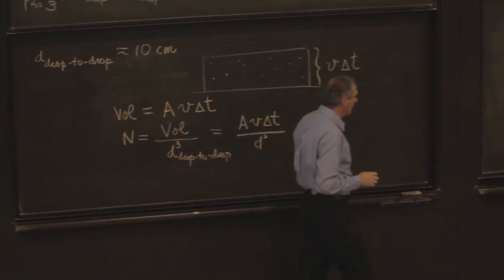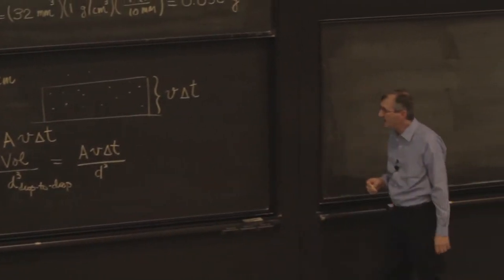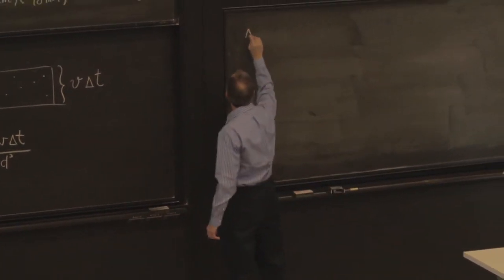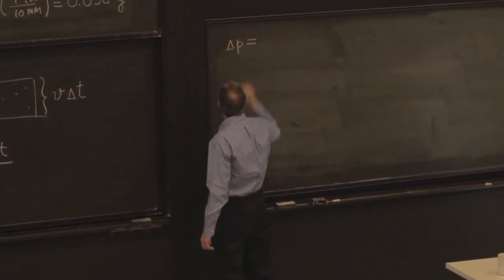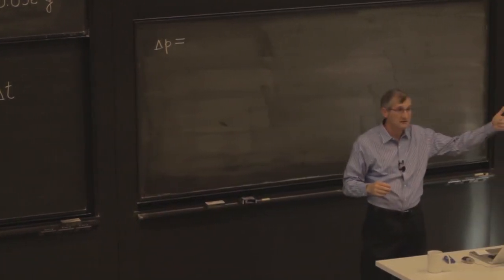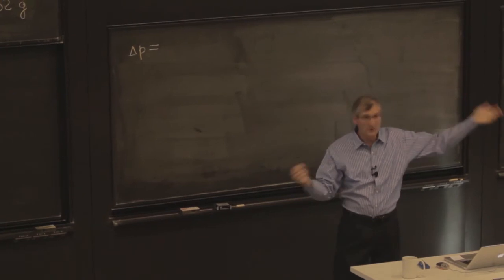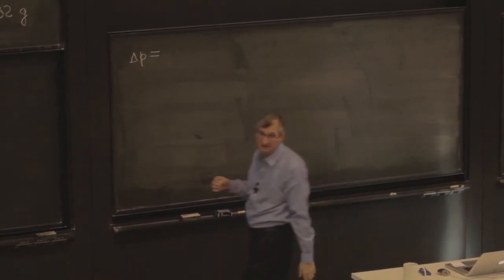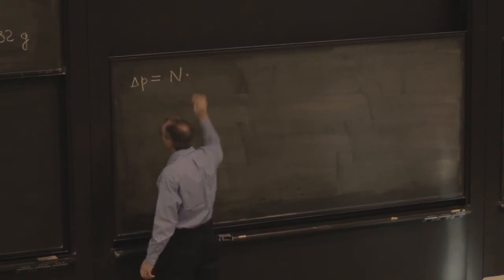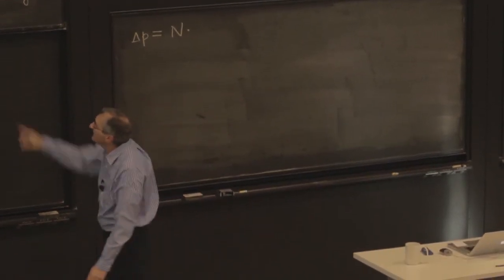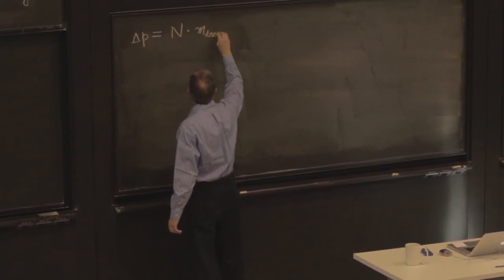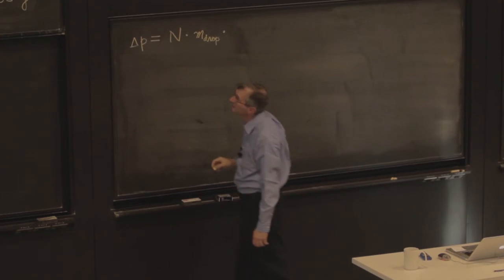The momentum now is what? So delta p would be the number times the momentum per drop, or the mass times the velocity, right? So that would be the number of drops times, what did we get? We got the mass of a drop times v.